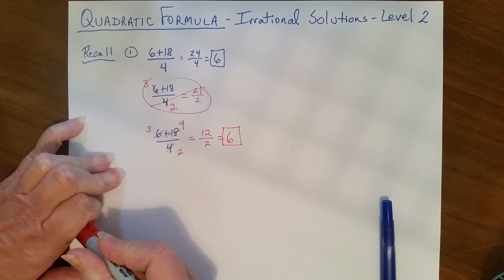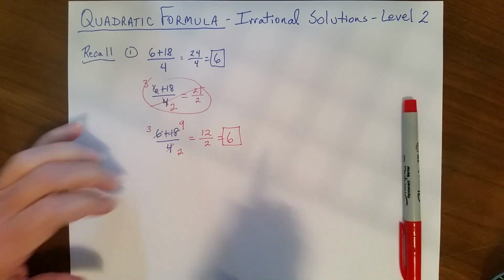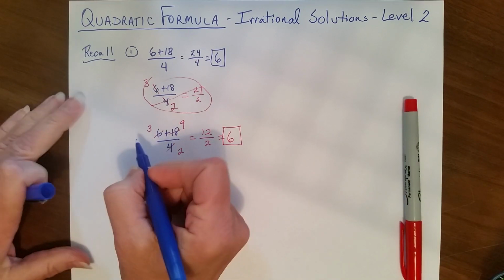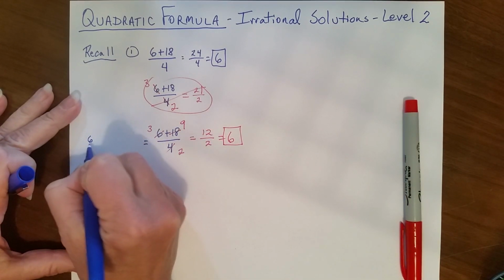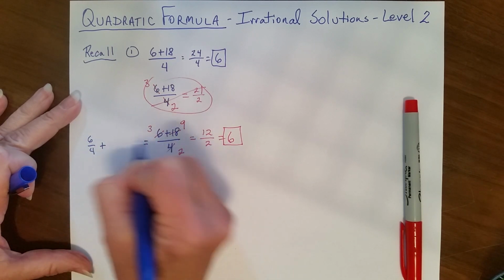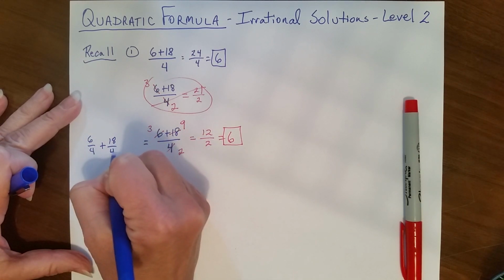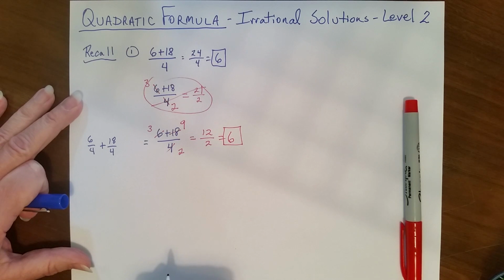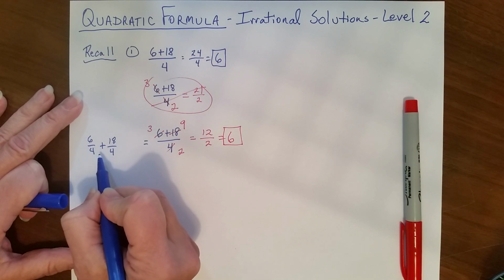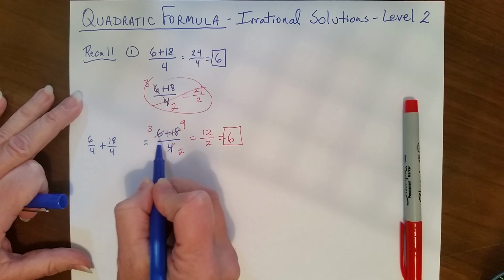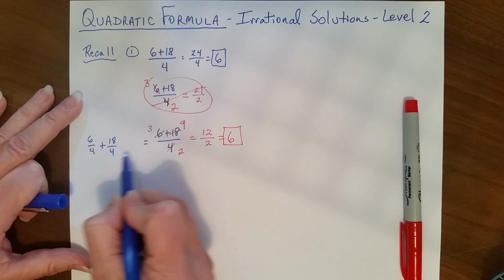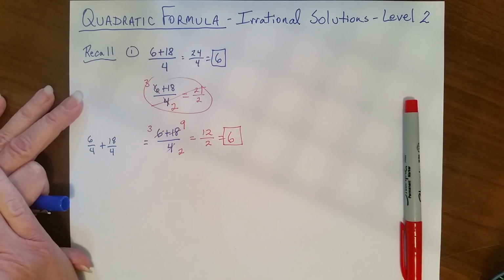Well, and I want to show you something else. Okay? This is really like 6 fourths plus 18 fourths. So we can write, since that's a common denominator, we can write it as 6 plus 18 divided by 4.